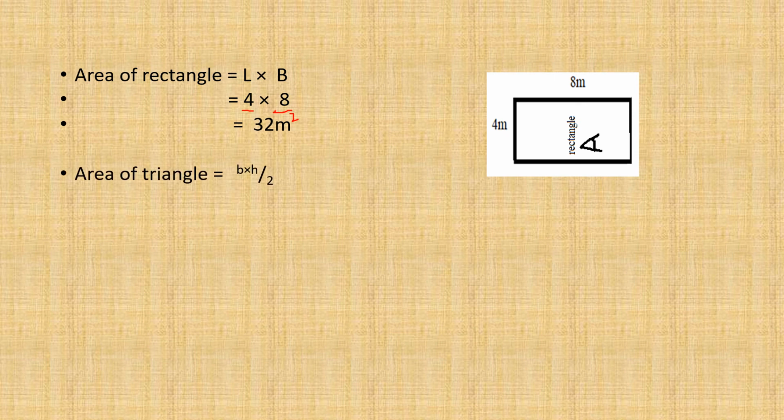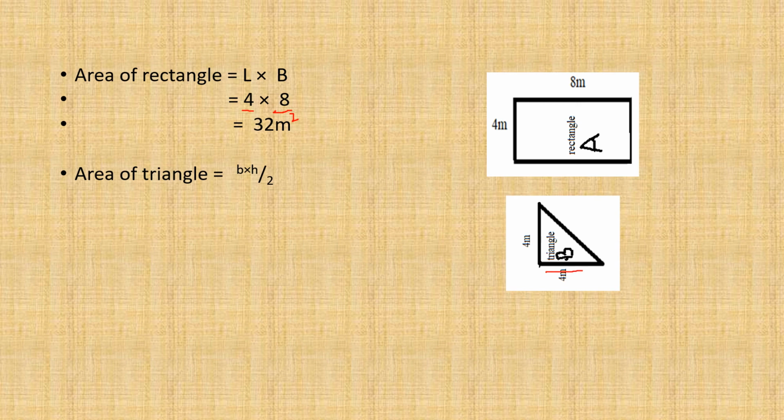Area of a triangle is base times height divided by 2. Now, in this triangle, the base is 4. This is the base, the down part, while the other side is the height. So, like I said, you calculate the area of the triangle as base times height.